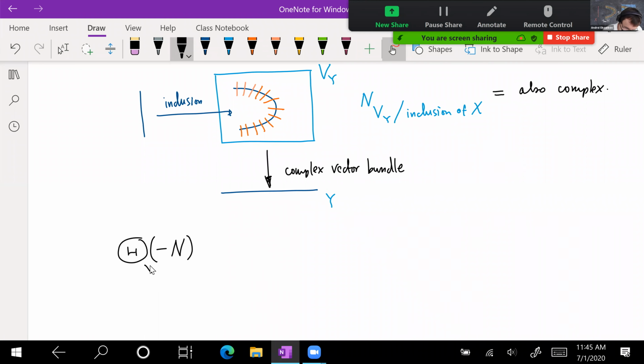Well, this is over X. This is the same as O of elliptic homology of the Thom space of the normal bundle, right?